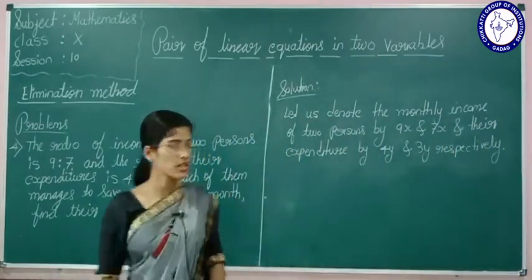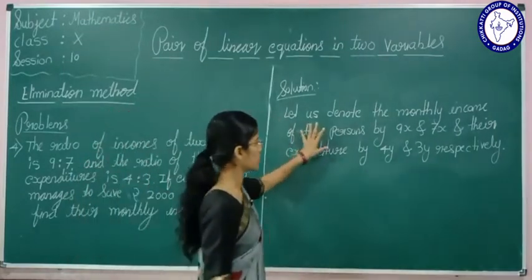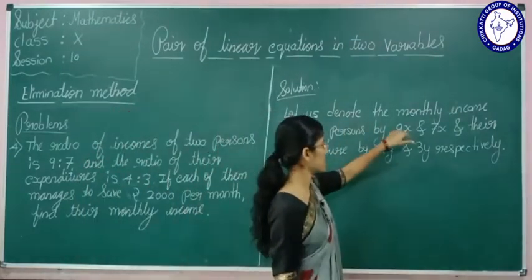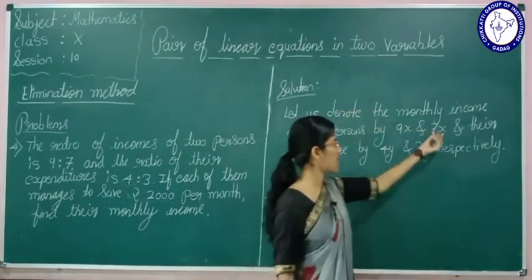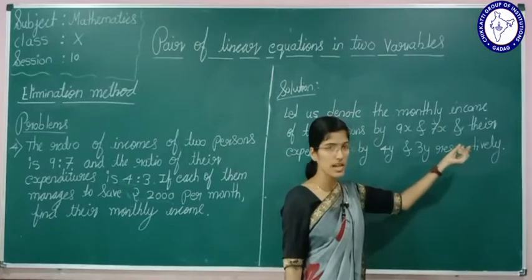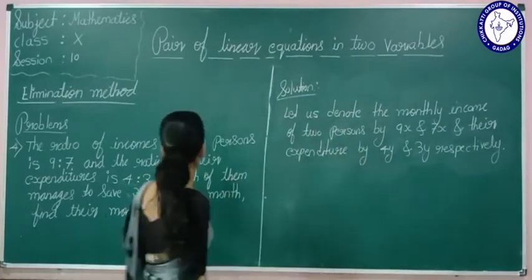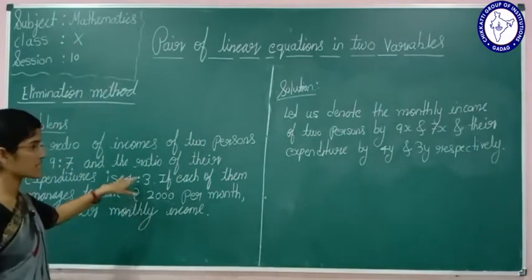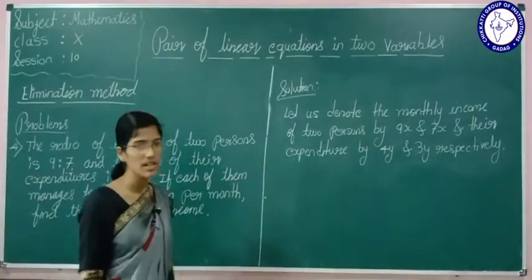The monthly income of the first person is 9x, and the second person is 7x. Their expenditure is 4y, and the second person's expenditure we have denoted by 3y respectively.